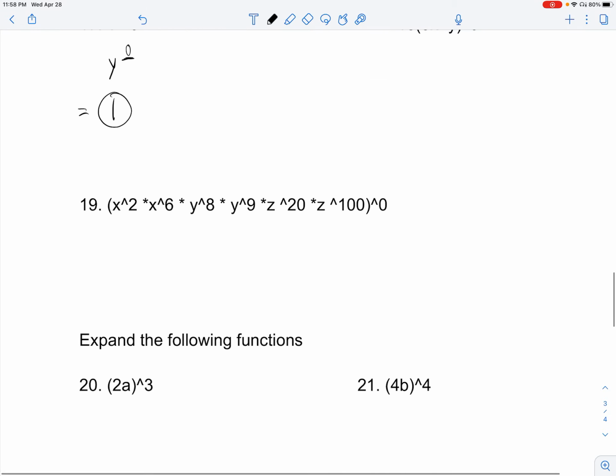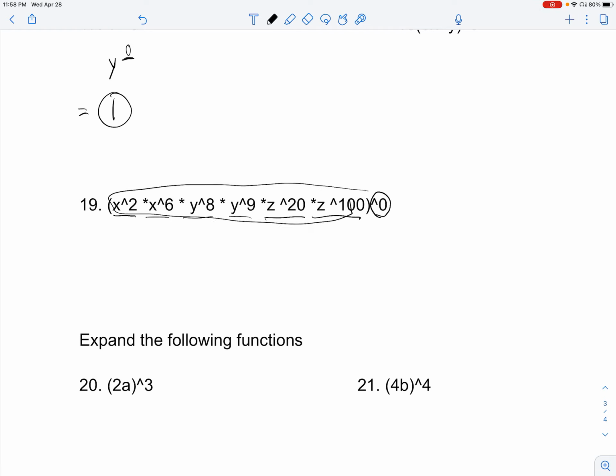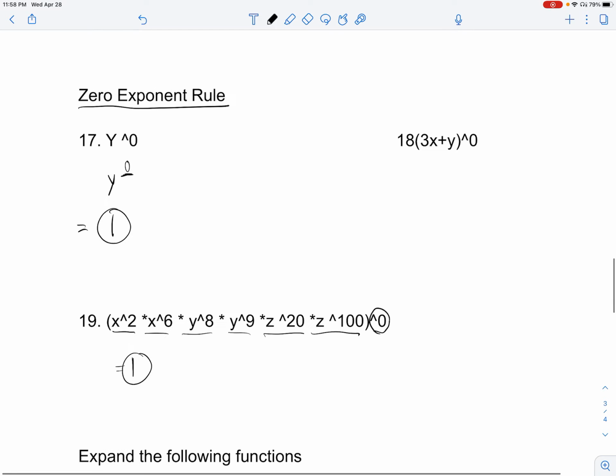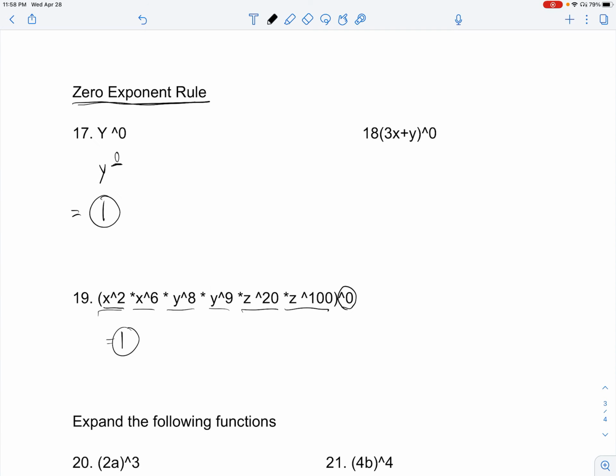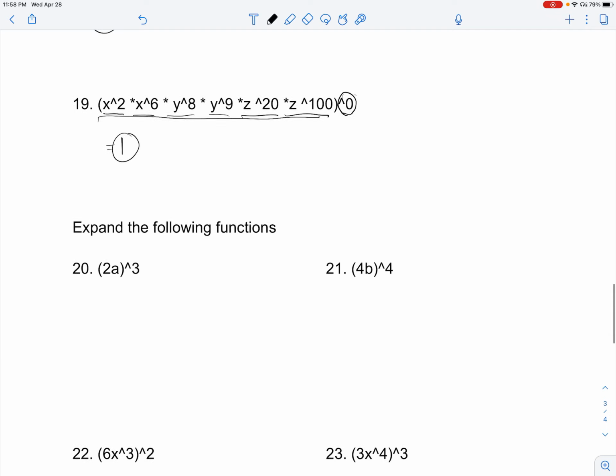So, for example, if I were to do this really complicated thing, it is super long and it's difficult, and then I see that all of this is to the 0th power, well then I just know that the result is 1. That is the zero exponent rule. No matter how complex it looks, if it's to the 0th power, it's just 1.